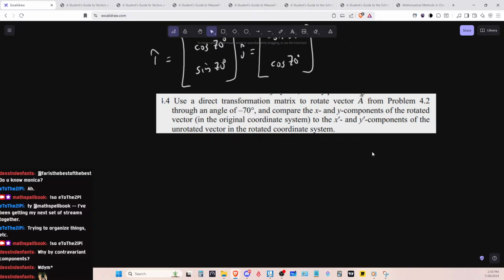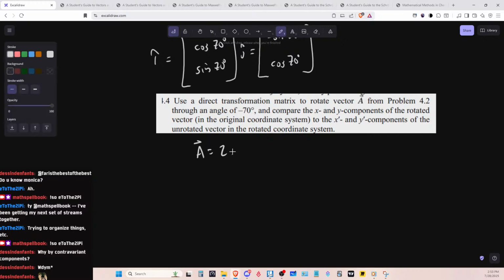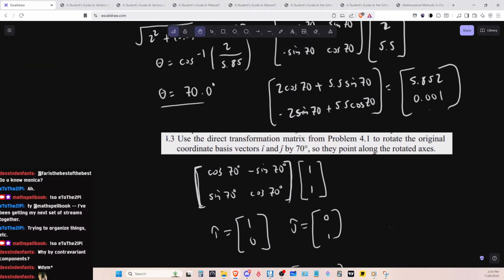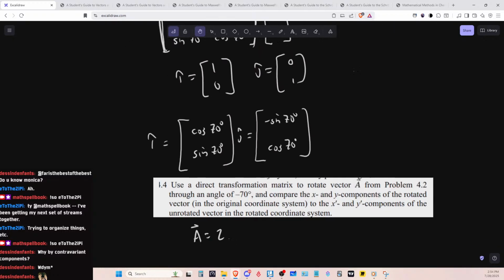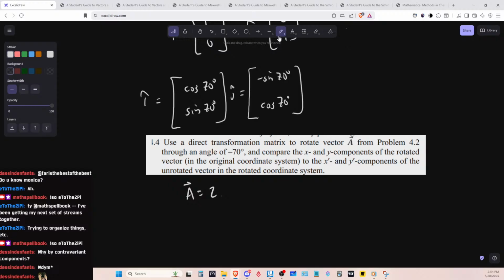Okay, use direct transformation matrix to rotate vector A from problem 4 point. Okay, so the vector we had then was A is equal to 2i plus 5.5j.